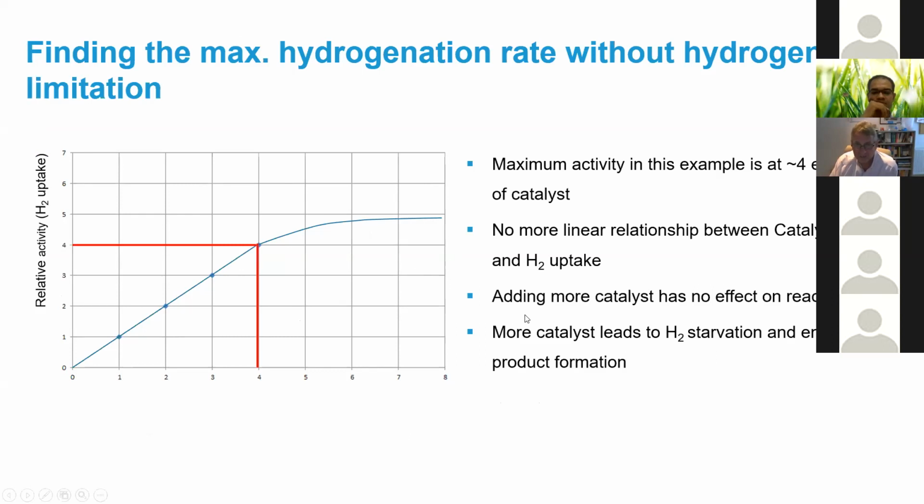What usually happens is when you start to add more catalyst at this stage, it is actually detrimental to the reaction. It leads to more hydrogen starvation and more byproduct formation. So once you reach this stage where there's no more linear relationship between catalyst addition and hydrogen uptake, that's the time to stop adding catalyst, particularly if you're using platinum or rhodium or palladium, which are rather expensive.